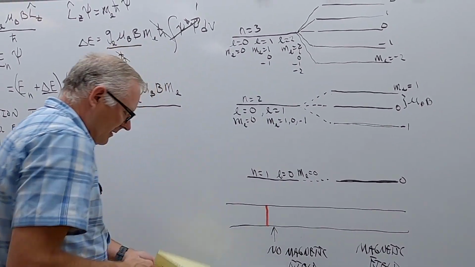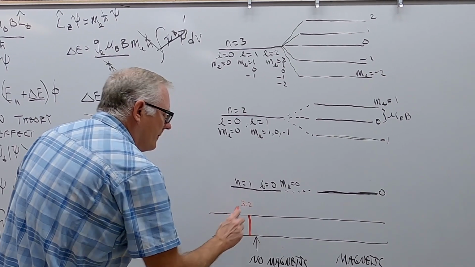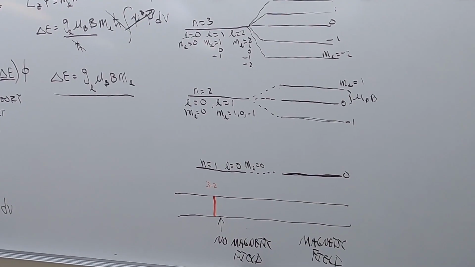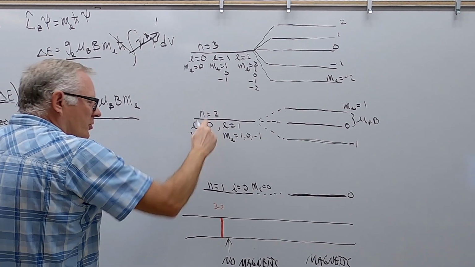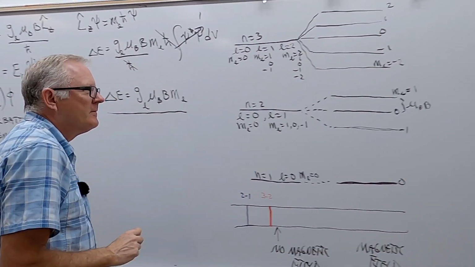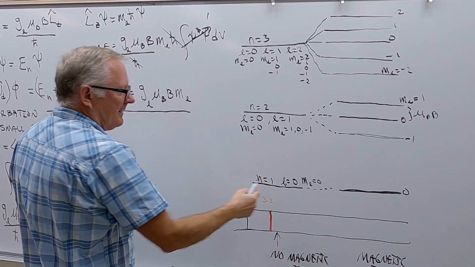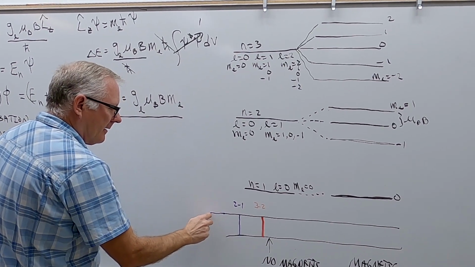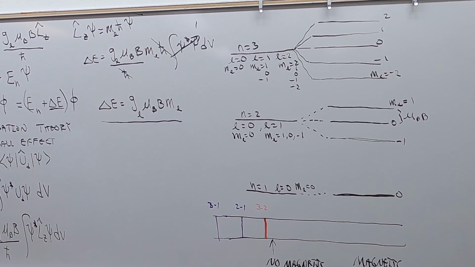Let's say this is the 3 to 2. And then let me put the other ones in a different color. How about from 2 to 1, let's just put it over here. And then there would be one over here, 3 to 1. That would even be bigger. Maybe I'll put it further over, right here.